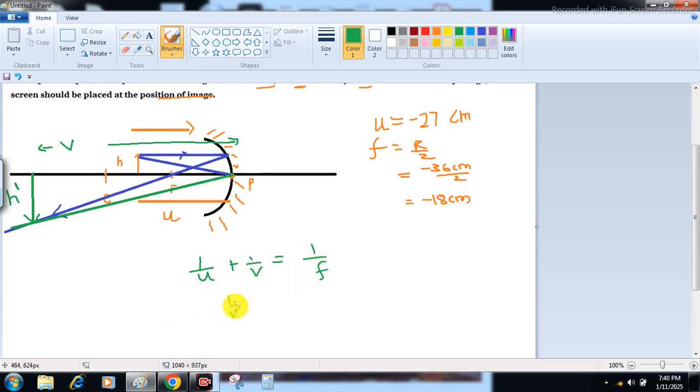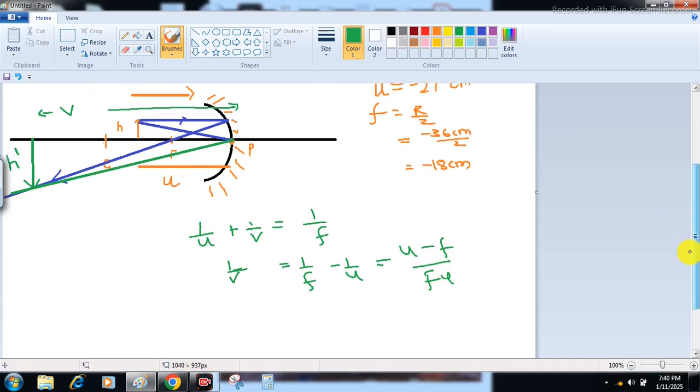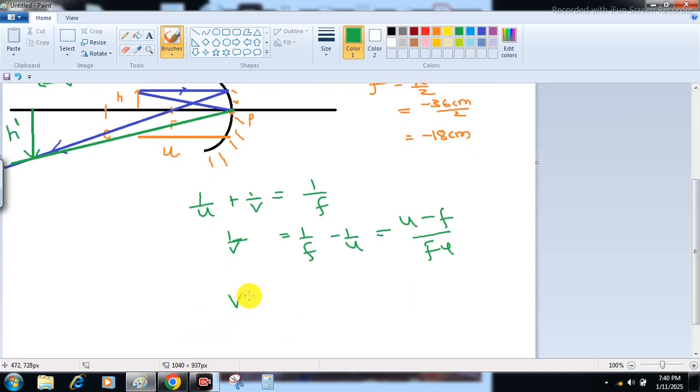So 1 by v equal to 1 by f minus 1 by u, that is u minus f by fu. Therefore, taking the reciprocal, v equal to fu by u minus f.